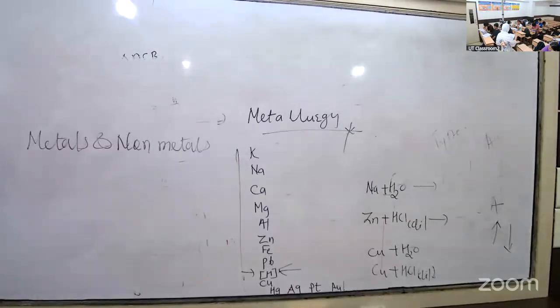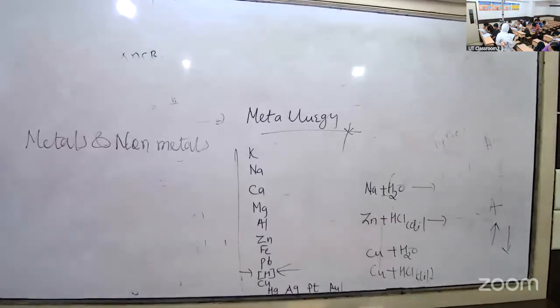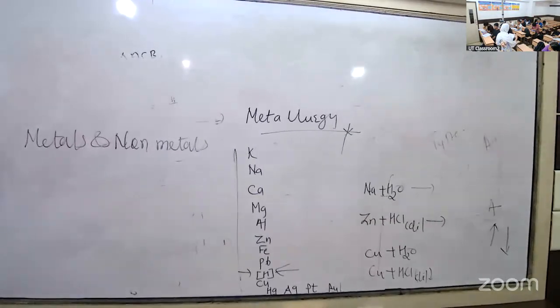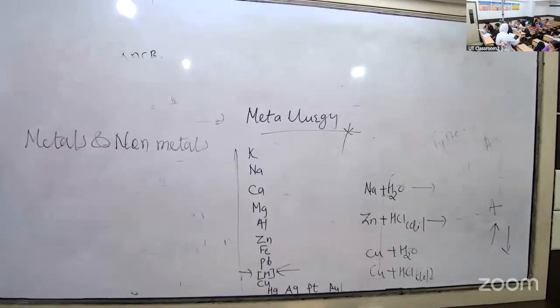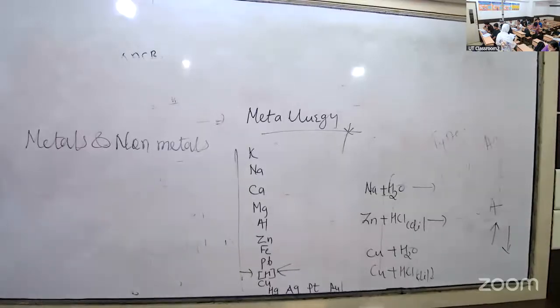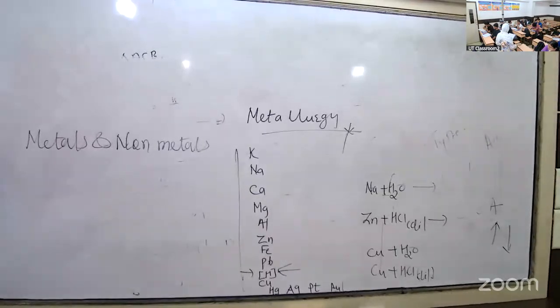Now first thing, sodium, where is it present in the series, top or bottom, above hydrogen or below hydrogen? Okay, element above hydrogen, they will displace hydrogen. Right, now next one, Zn plus dilute HCl is giving ZnCl2 plus hydrogen.